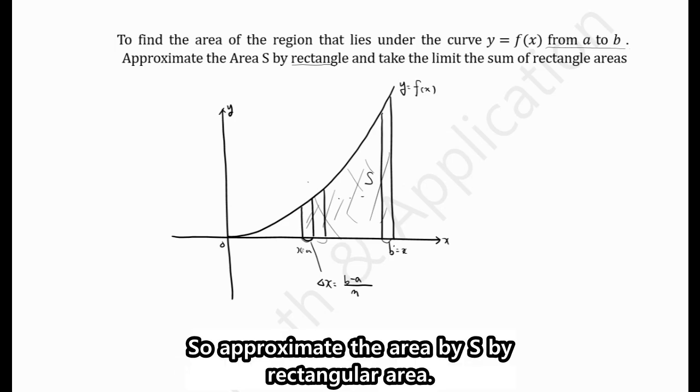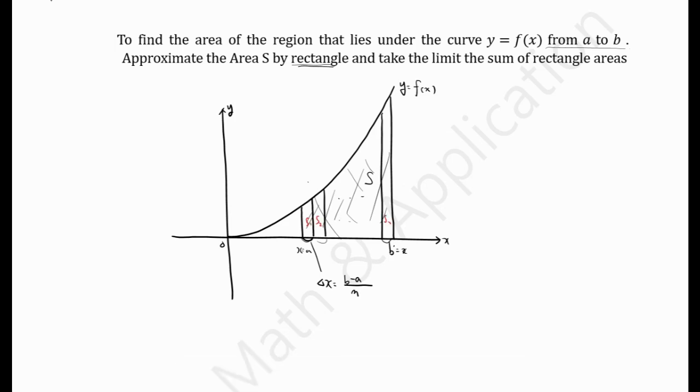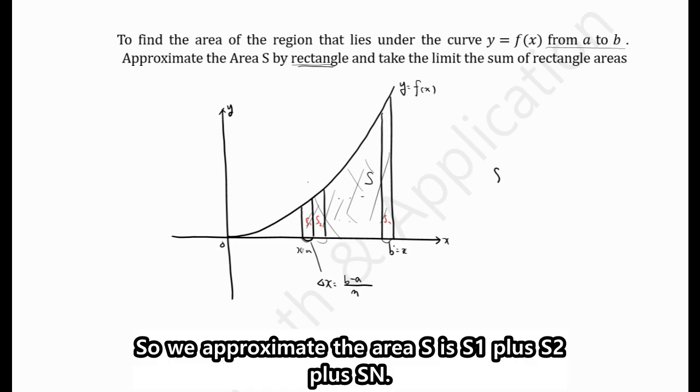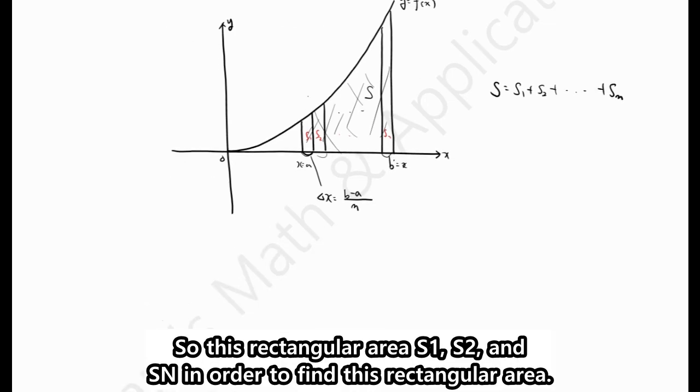We approximate the area S by rectangular areas S1, S2, up to Sn. So the area S is approximated by S1 plus S2 plus up to Sn.